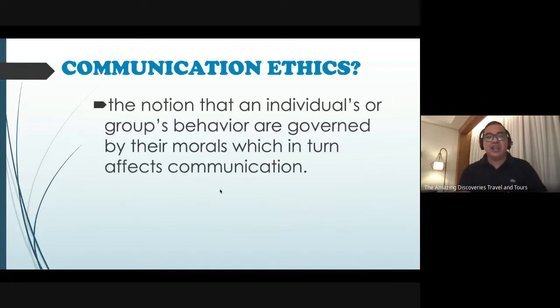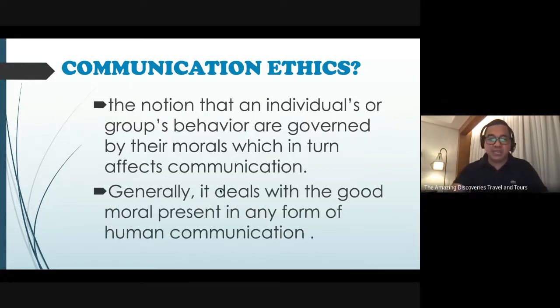So, communication ethics is the notion that an individual or group's behavior are governed by their morals, which in turn affects communication. Generally, it deals with the good moral present in any form of human communication. So, in the next slide, may ara ako sang mga example nga ipakita sa group in order for you to understand kung ano ang ginadiscuss ko subong.